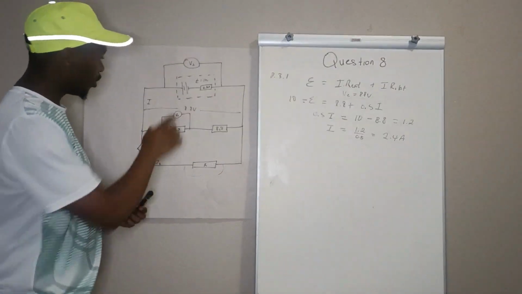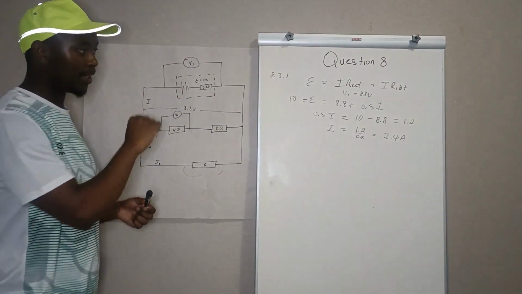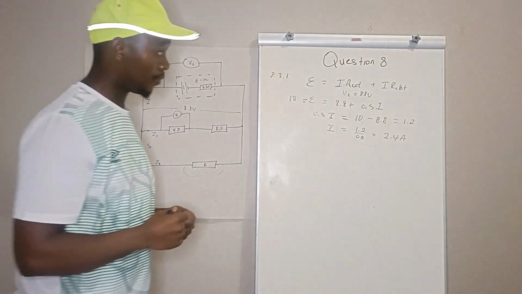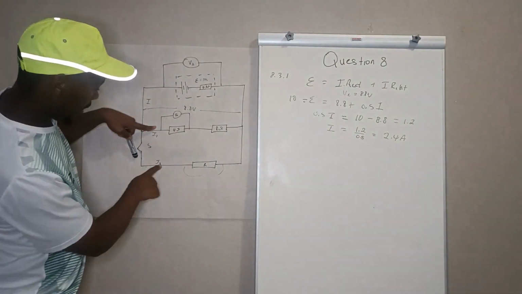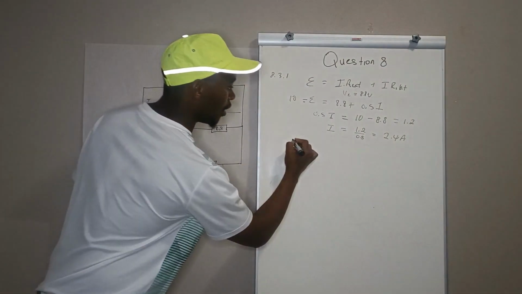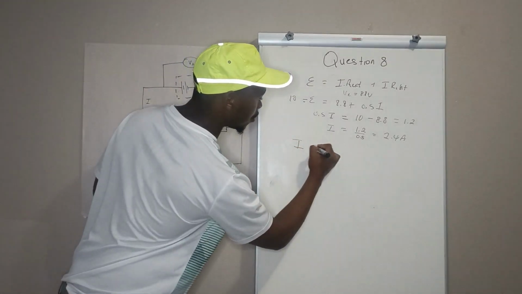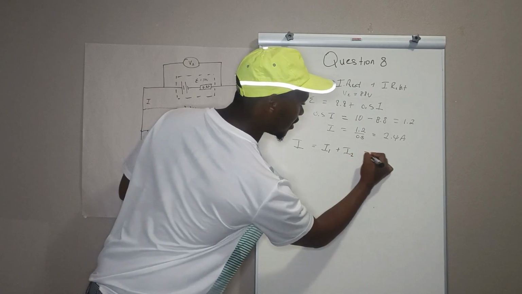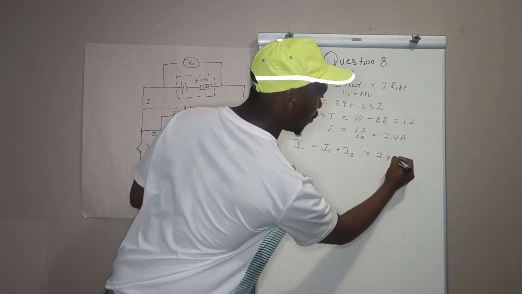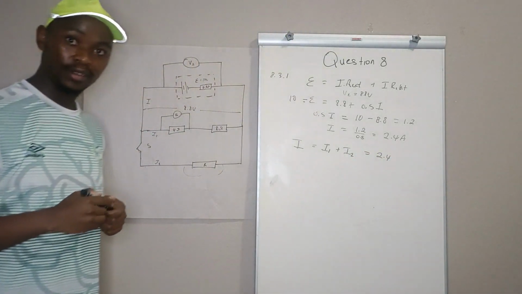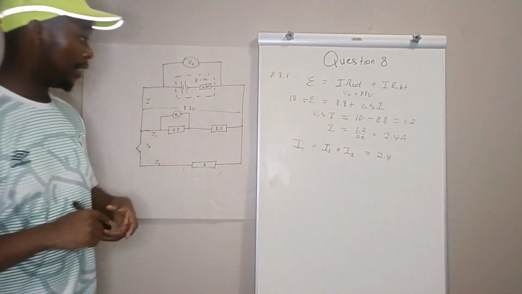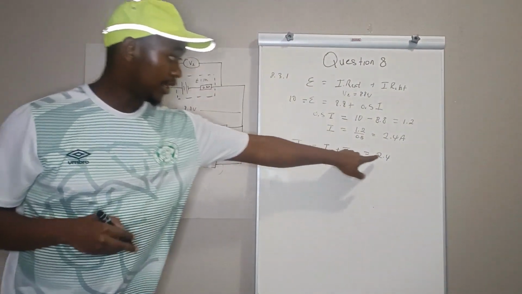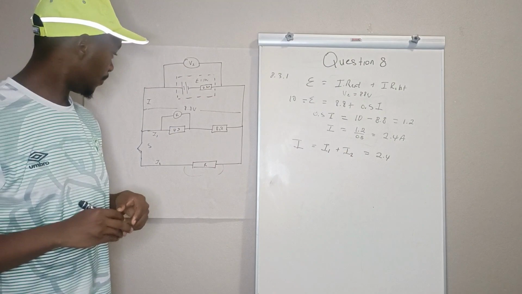Oh, okay. So we know that the current that comes out of the battery is 2.4 amps, which means that I, which is 2.4 amps, is equal to I1 plus I2. These should all be giving us 2.4 amps. We know I, it is 2.4 amps.